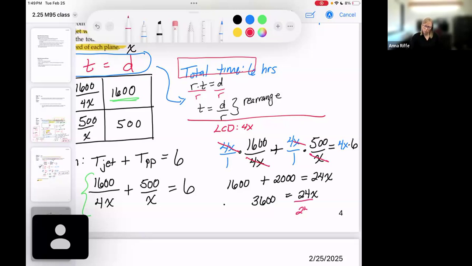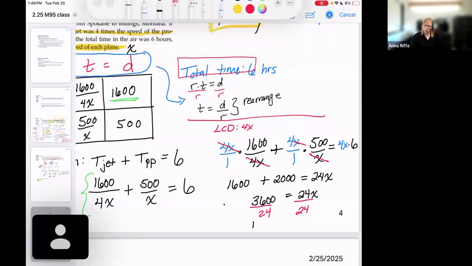Divide both sides by 24. That gives me 3600 divided by 24. I don't know what that is, so let's calculate that. So it's 150. 150.